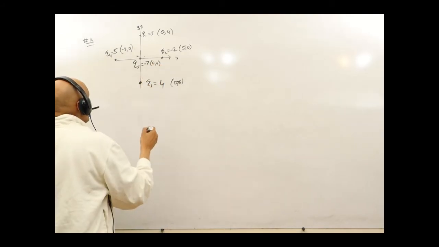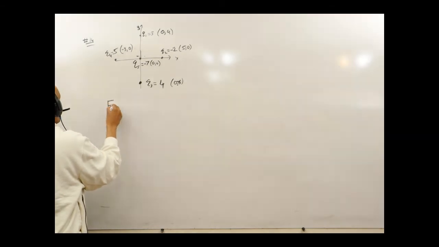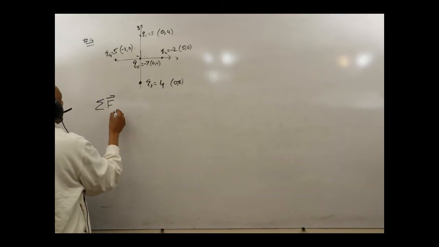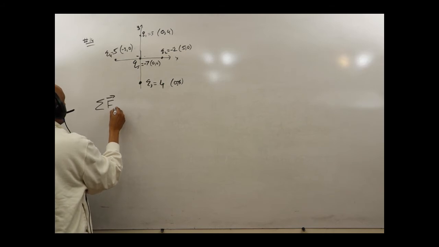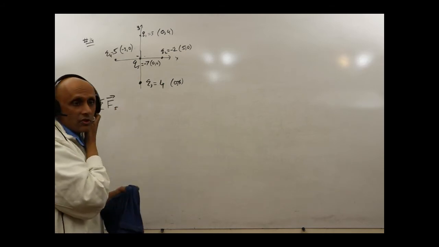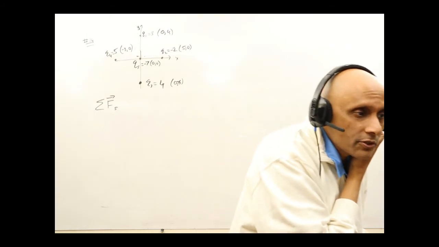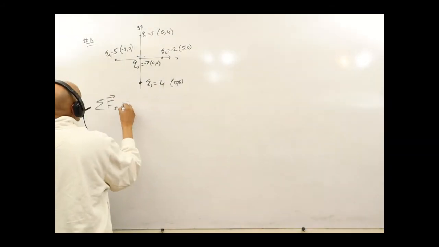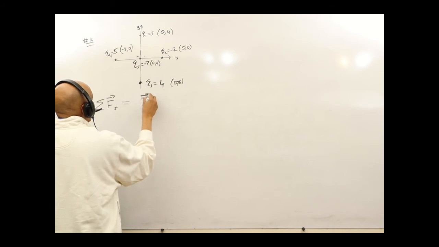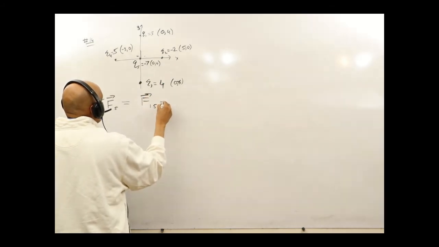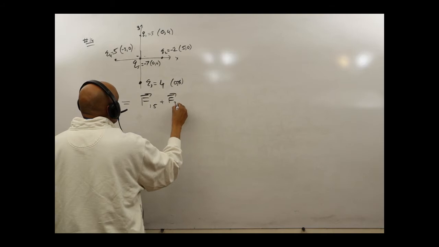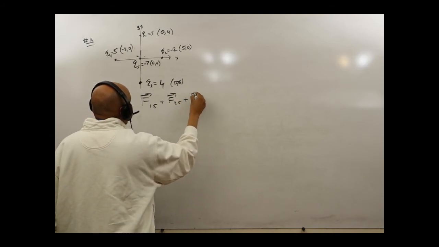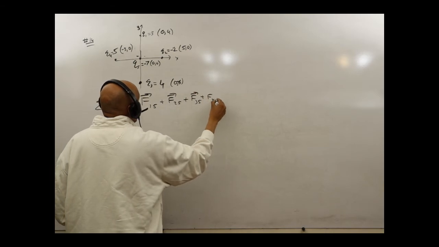Our problem is to find the sum of all forces, sigma F, on the 5th charge. To find the force, we take the force of 1 acting on 5 plus the force of 2 acting on 5 plus the force of 3 acting on 5 plus the force of 4 acting on 5.